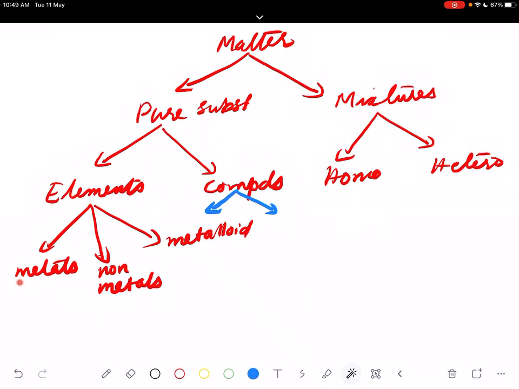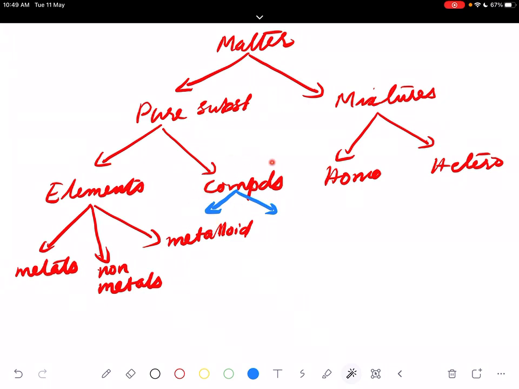In elements: metals, nonmetals, and metalloids. Metalloids have properties in between metals and nonmetals, or metalloids show both the characteristics of metals as well as nonmetals. Now we are moving to compounds.